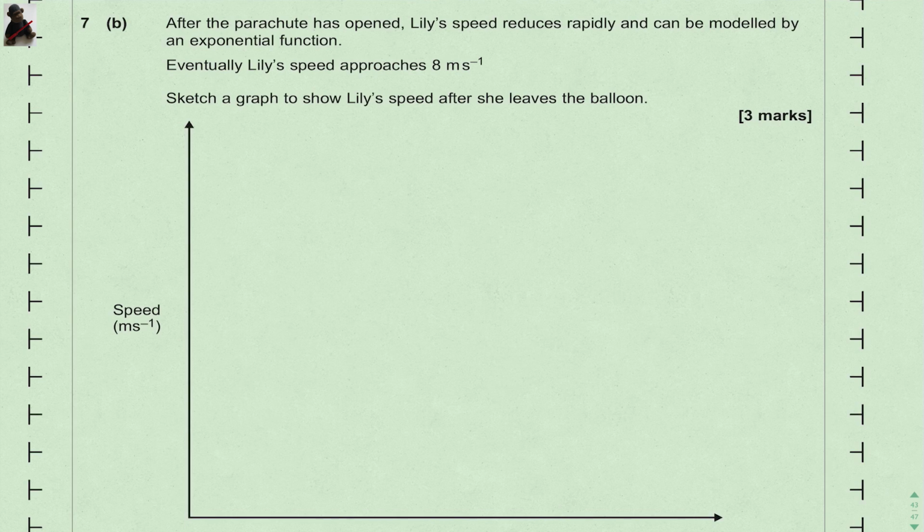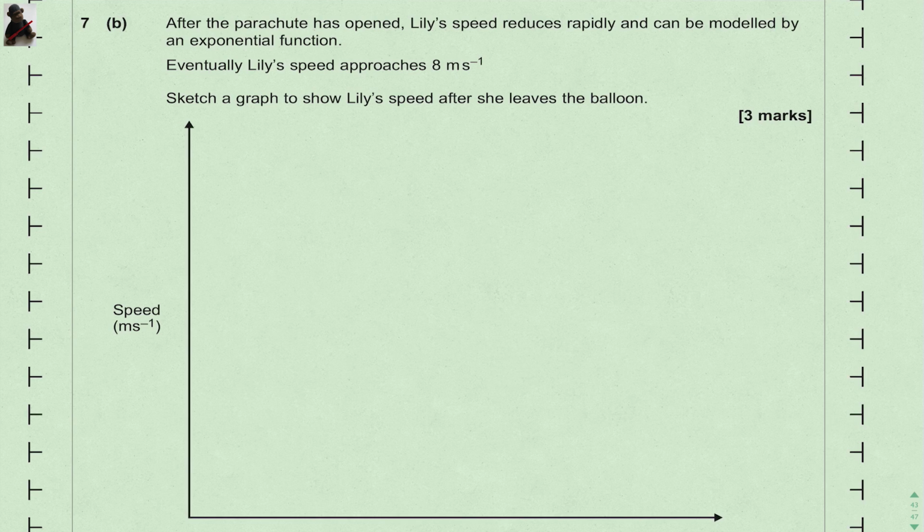Right, question 7b. After the parachute has opened, Lily's speed reduces rapidly and can be modeled by an exponential function. Eventually, Lily's speed approaches 8 meters per second. Sketch a graph to show Lily's speed after she leaves the balloon.